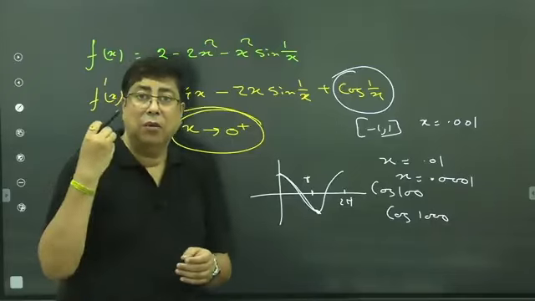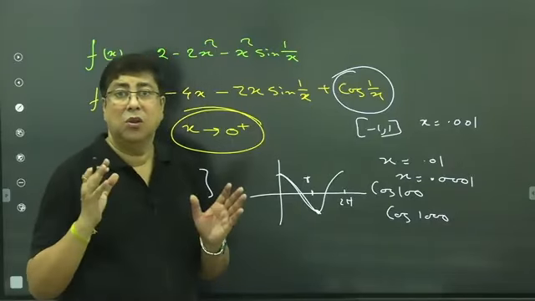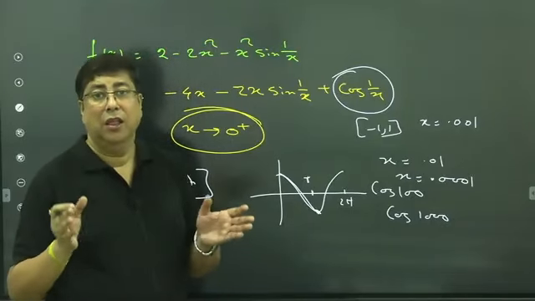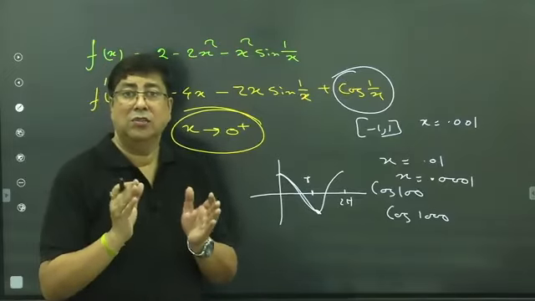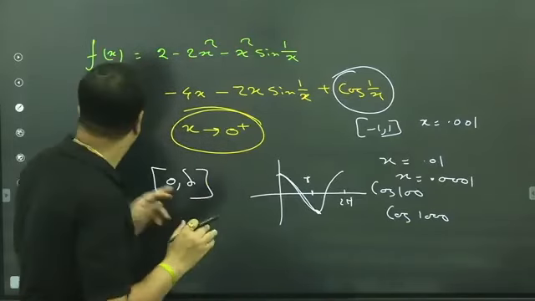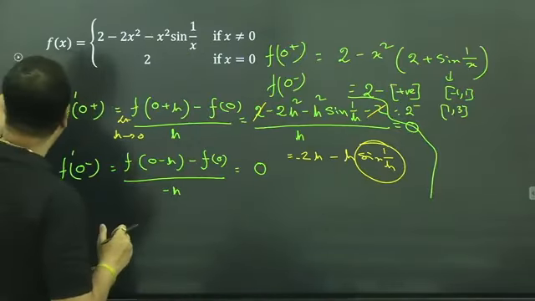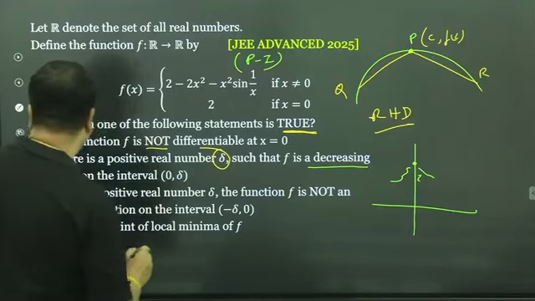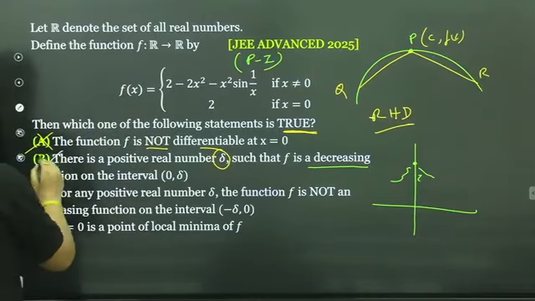So it means once increasing, once decreasing. So it is not possible to decide that in any interval the function is increasing or decreasing. Okay, one more thing I am explaining to you, everyone. So this is wrong.